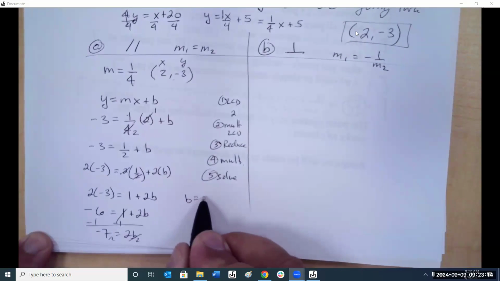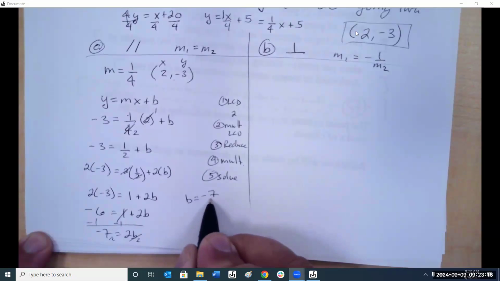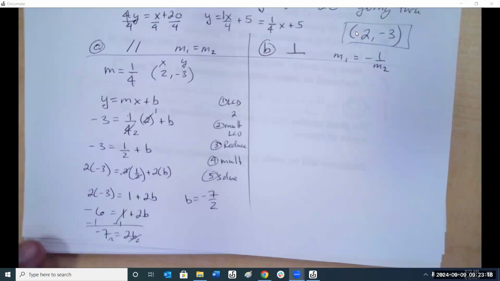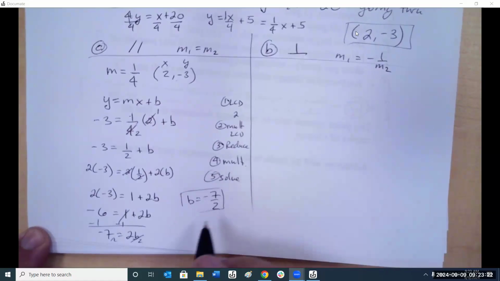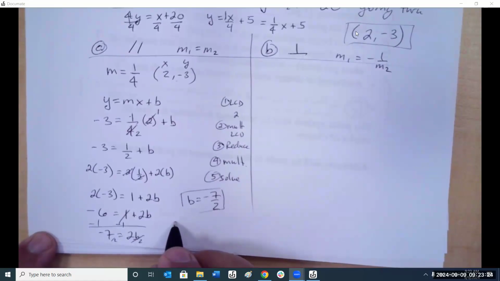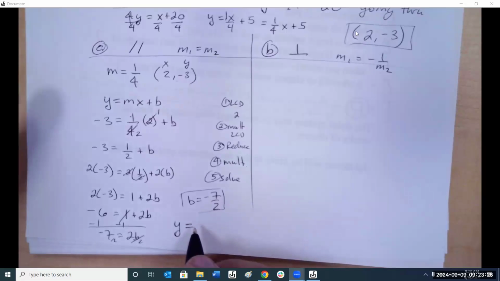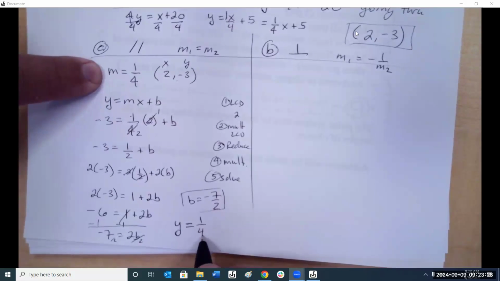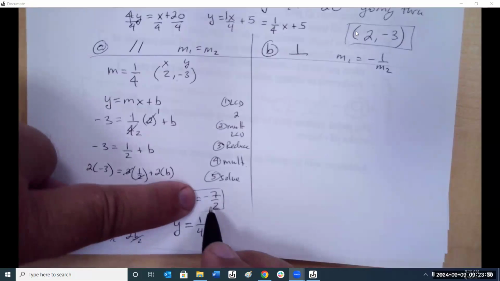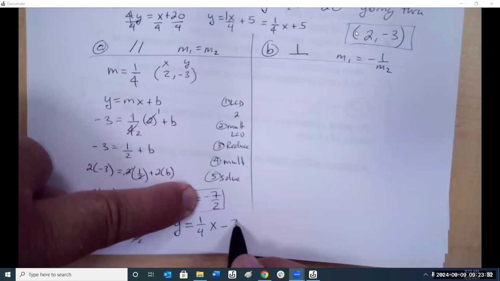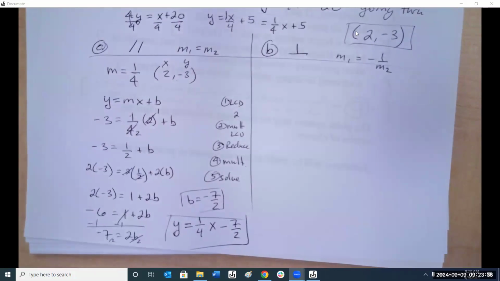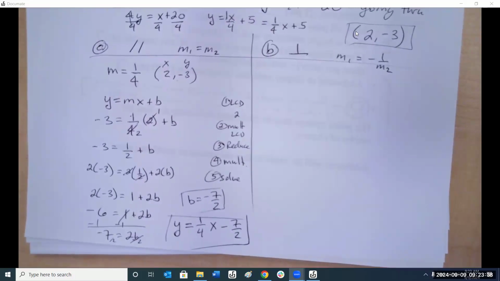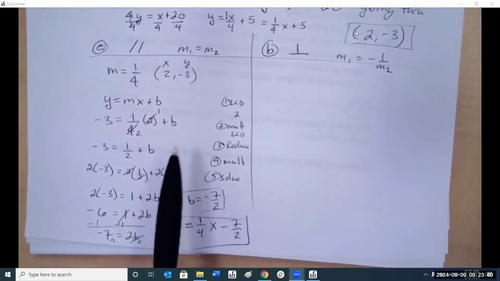So b is equal to -7/2. So y equals mx plus b. m is 1/4, x plus b, that's -7/2. And that's that equation. That equation is parallel to that other one.